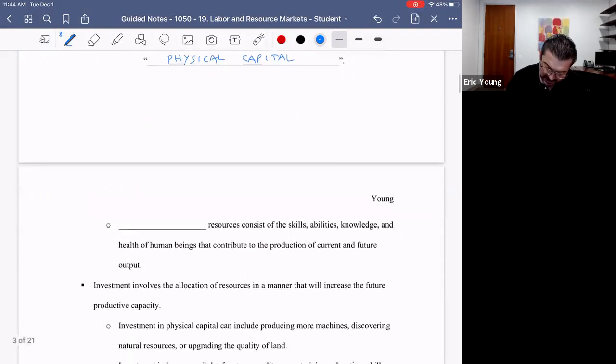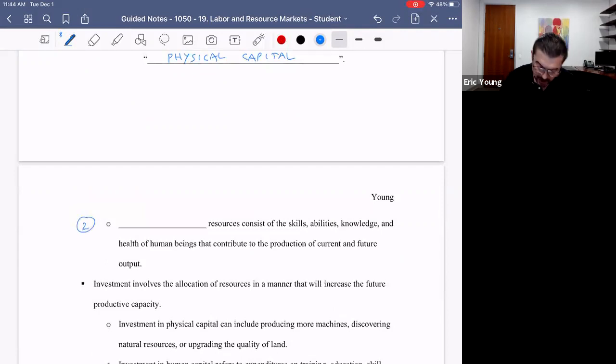The second broad category, as you can imagine, would be human resources. And this is basically the labor component, which we're going to focus on. But broadly speaking, again, we're trying to get context here. Human resources consist of not just workers as a general concept, but of the skills and the abilities and the knowledge and even the health of the human beings that contribute to the production process, okay?